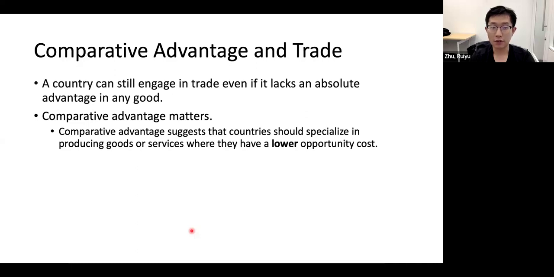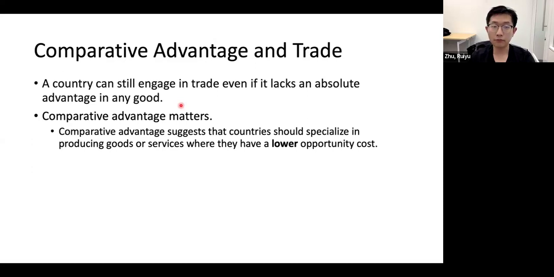Actually, that's not true. So a country can still engage in trade even if it lacks an absolute advantage in any good, because when we're dealing with trade, comparative advantage matters. That's a very insightful argument. So that will explain why some countries with very, very low productivity in every good can still export some goods to more developed countries, right?